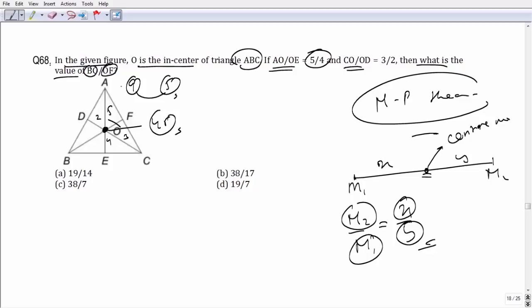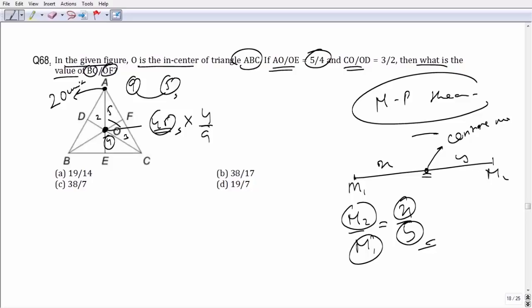So with that view, if we talk about line AE, we can say that the mass that would be concentrated on this point A would be 45 into 4 by 9, that is the product of the other side divided by the whole length into the total mass. And that means about point A, the mass that would be concentrated will be 20 units.